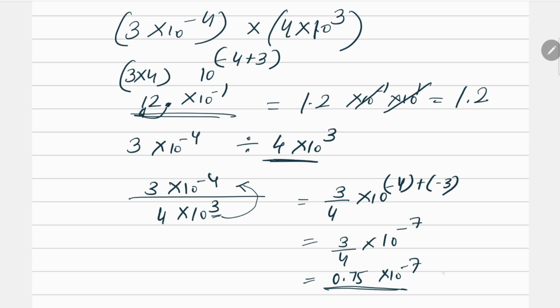Over here, the decimal is shifted from left to right, then obviously negative 1 power is added, 7.5 into 10 raised to power negative 8. So this is the scientific notation. This is how these questions of multiplication and division are done.